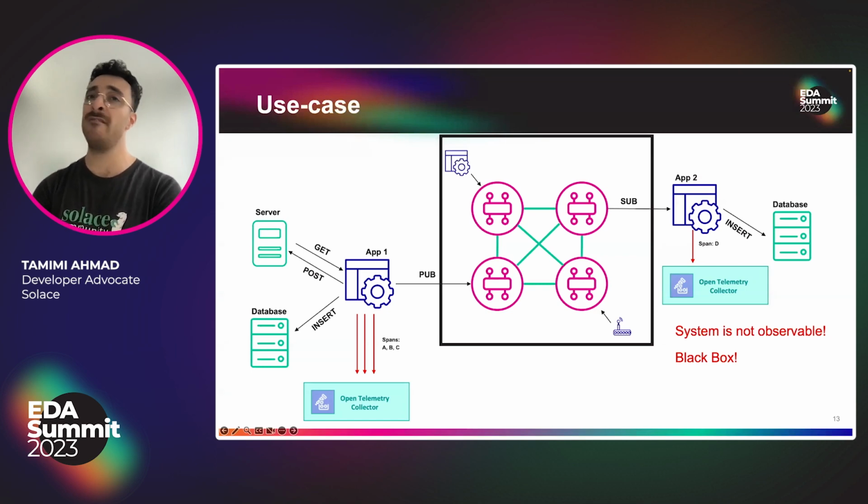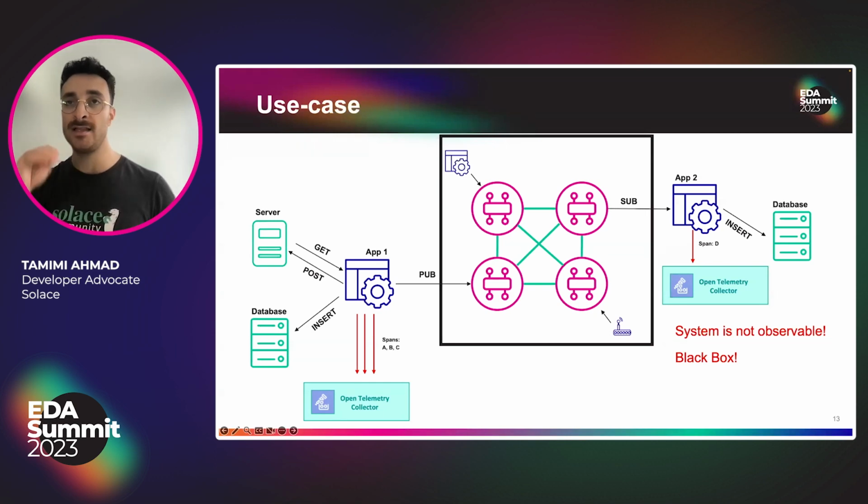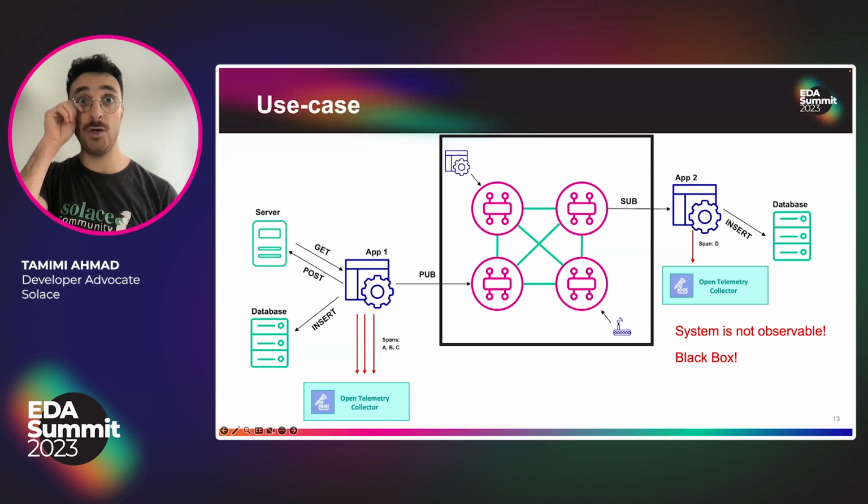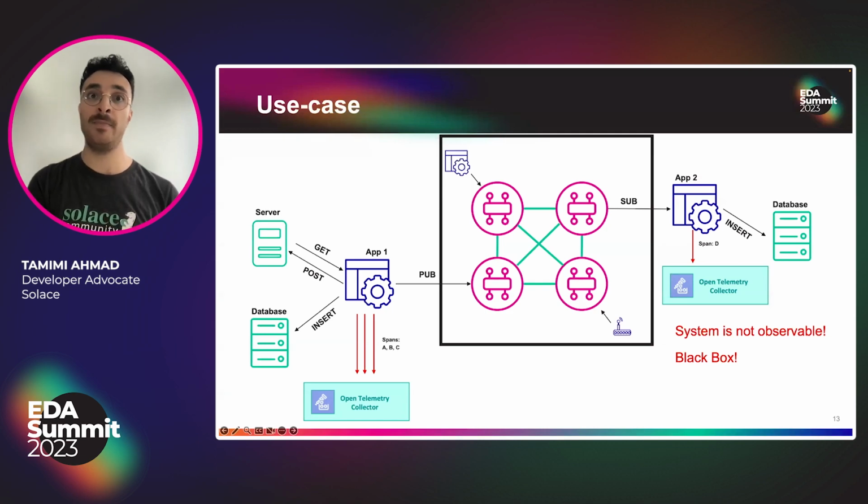Let's say that you have a fraud detection application or an ad analytics, and the event just propagates through different services. You want to have a common trend between all the events that are happening in your system so that you can observe it. But now this is the problem, because there is the message broker in the mix and there's no observability.